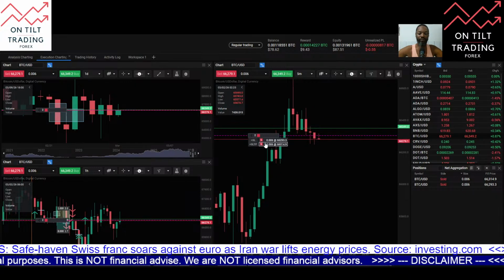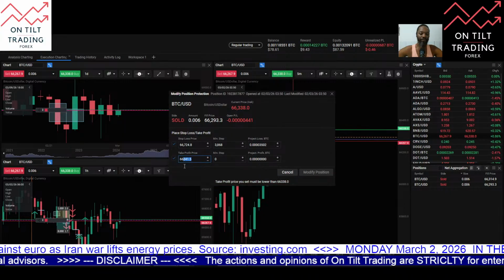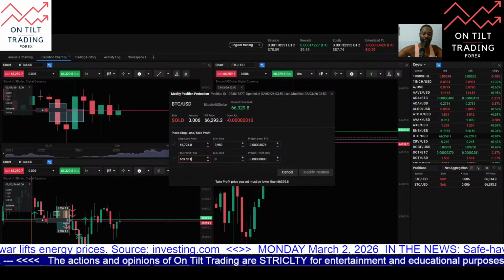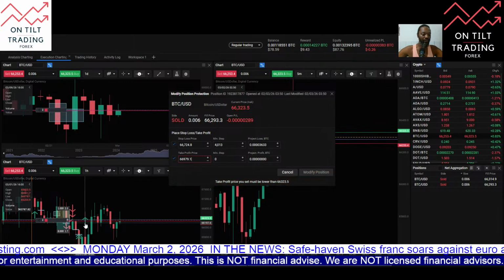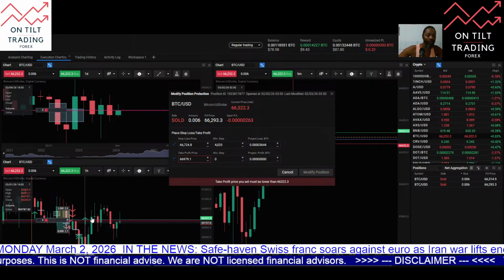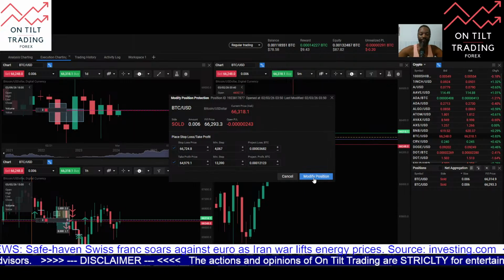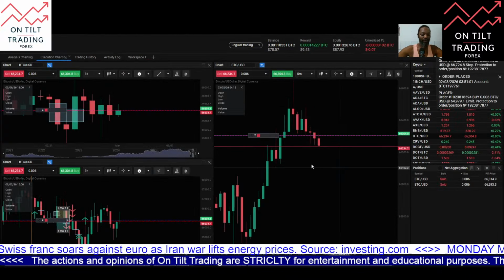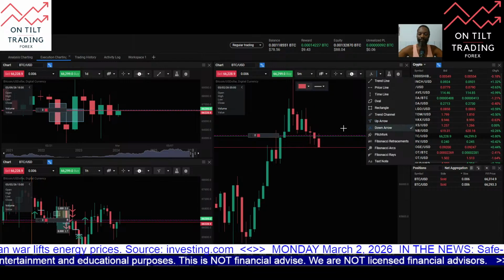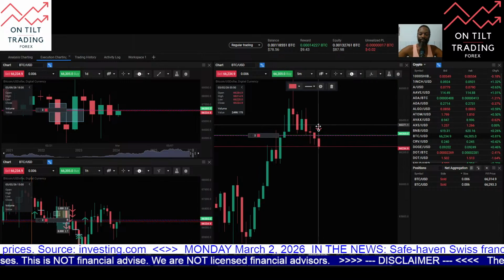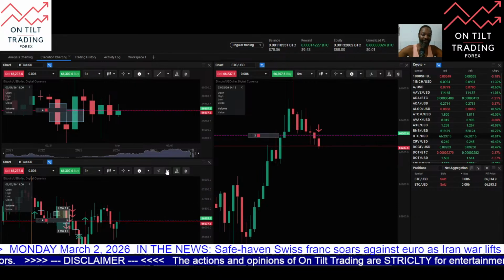In and set. So this trade here set up textbook, and we'll see if it delivers textbook as well.